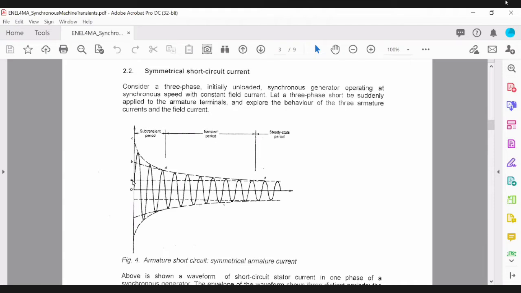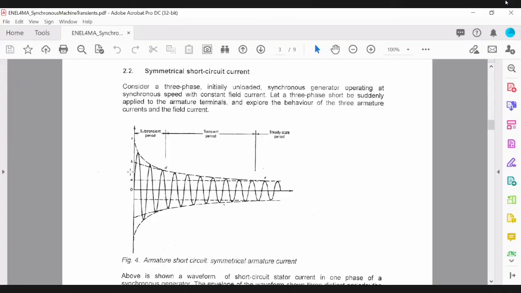And the initial subtransient period is at a very high value, which, if you look at this envelope here, is reaching something around the value C. And from the subtransient, it decays to a value that we call D here. And this value during the transient period is projected onto the value B there, right?